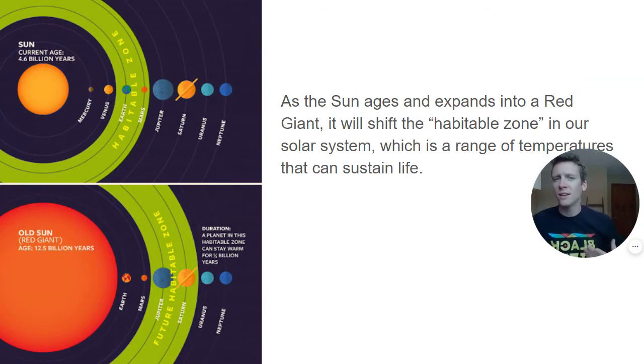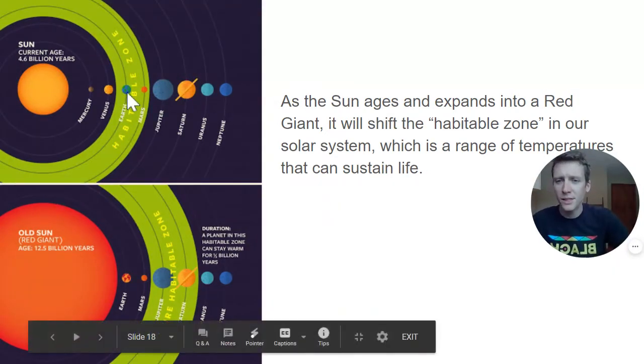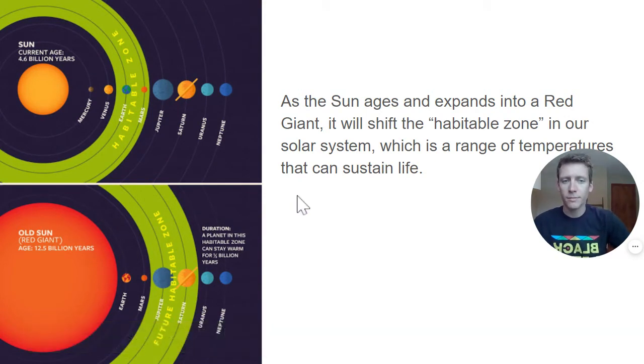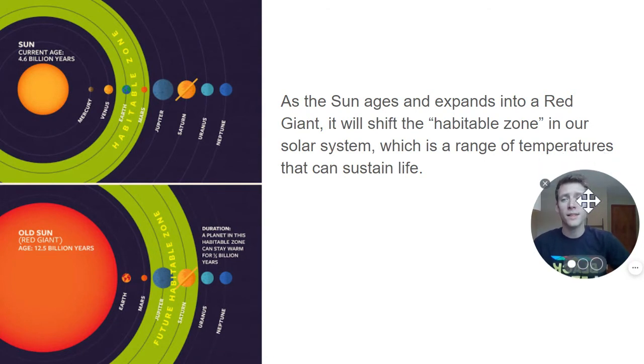Where can life survive in our solar system? Right now you can see the Goldilocks zone, as it's sometimes called, is right around Earth and Mars. But as this star becomes a red giant, that will push out to Jupiter and Saturn, being planets where the temperature is just right for life. So it will definitely impact humans that way, if we make it that far.